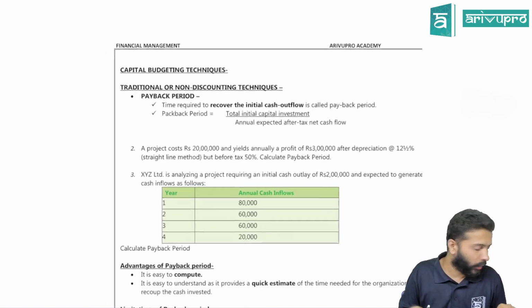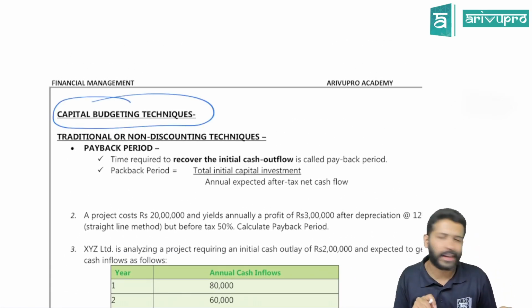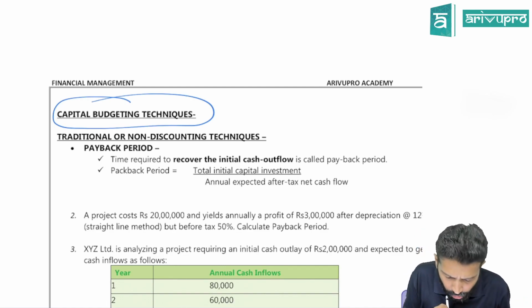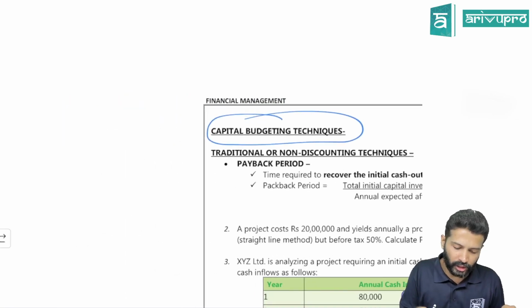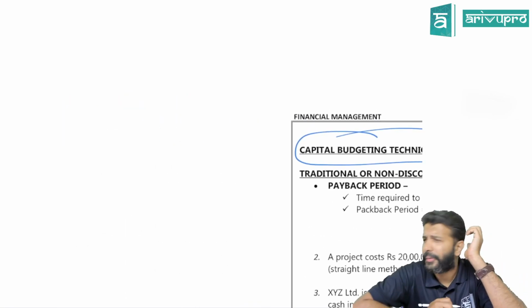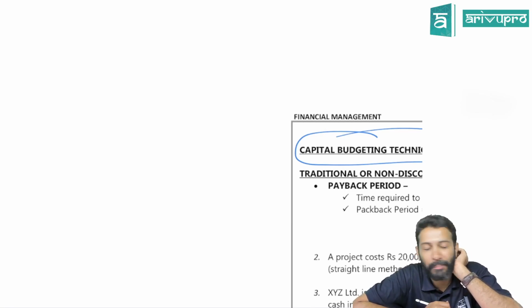Alright, now we'll go into the techniques. Capital budgeting techniques: you'll find a lot of them. First is non-discounting techniques. Have you already computed IRR? Don't ask me what IRR is. IRR means internal rate of return, or implicit rate of return.